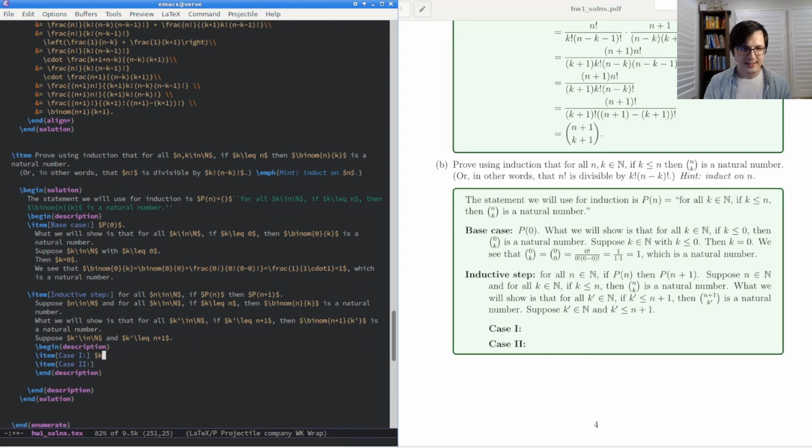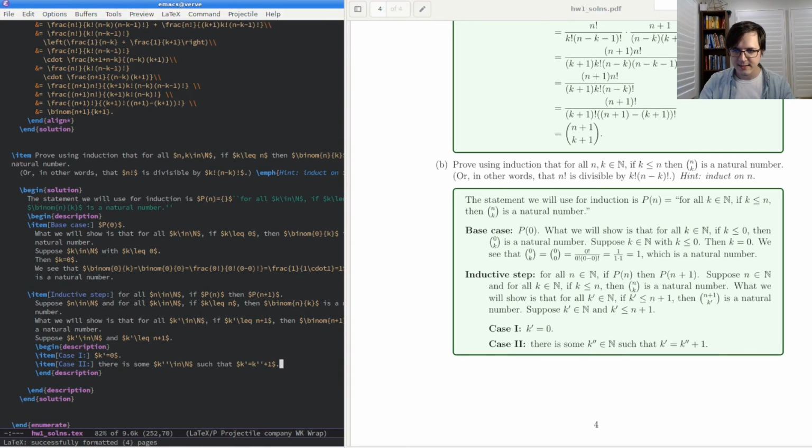So case 1 is k' equals 0, and case 2 is k' is a successor, so there is some k'' such that k' equals k'' plus 1. So those are the two cases.